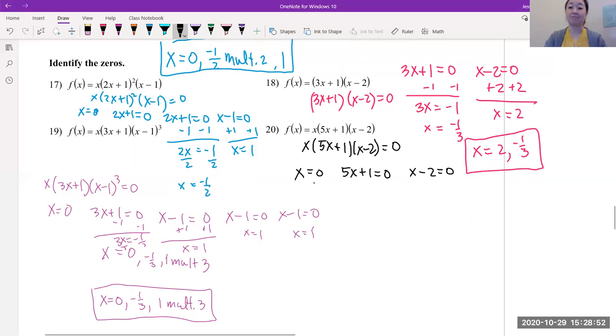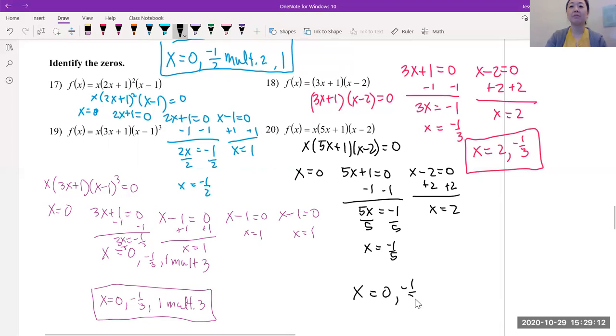So again, solve for us already. And this is going to be -1, and then 5x is equal to -1. Now we're going to divide by 5. x is equal to -1/5. Then here, let's add 2 to both sides, and x is equal to 2. So my answer is x equal to 0, -1/5, 2. No multiplicities.